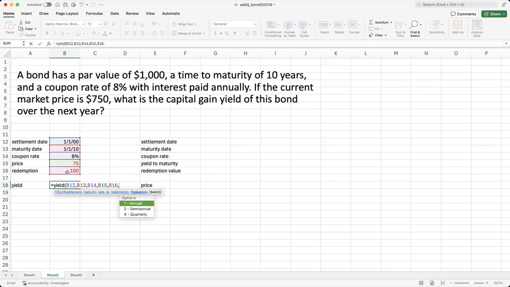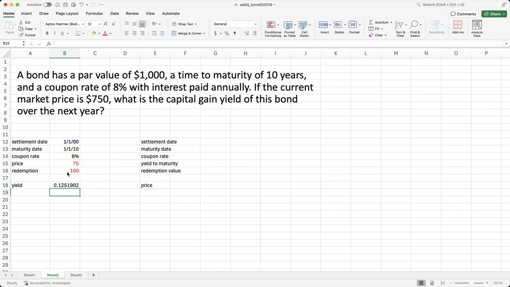Coupon paying frequency, 1 equals annual. Then close the parentheses, and we get 12.519%. So that is the yield to maturity of the bond.